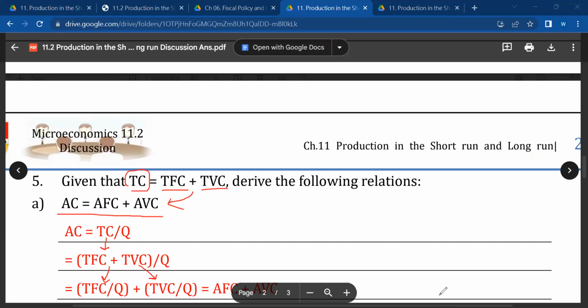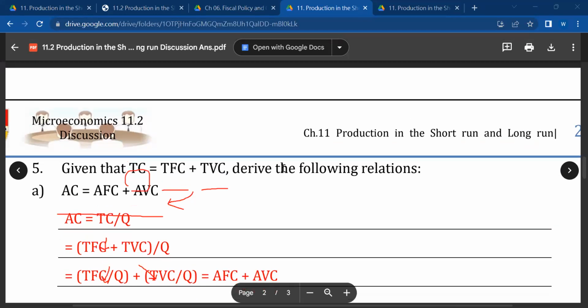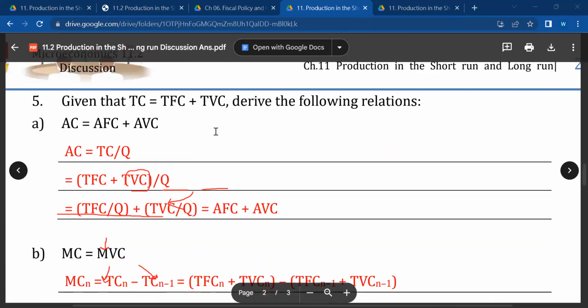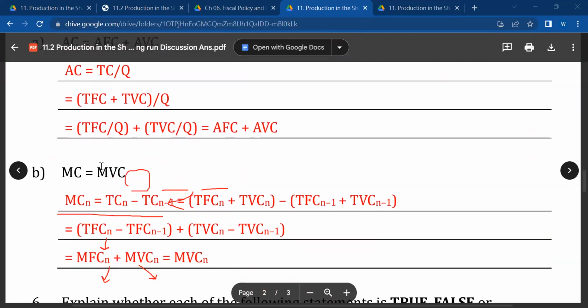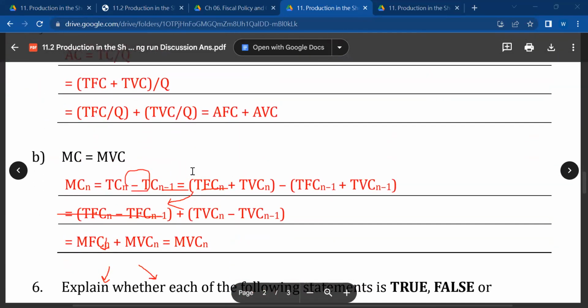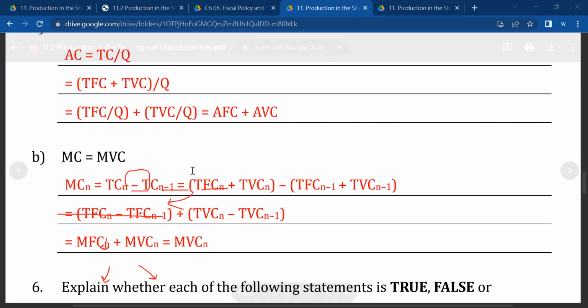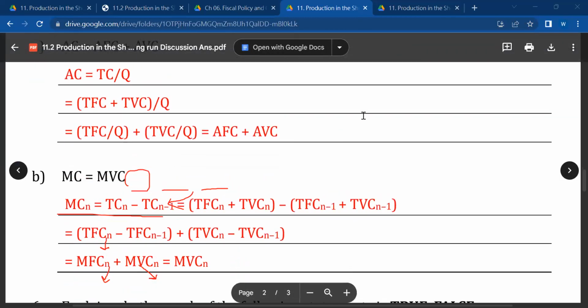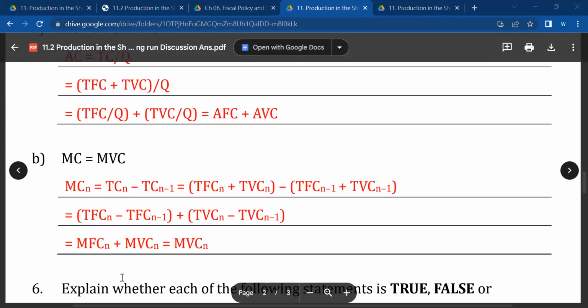Is that okay? Okay, so if you finish question 5, I will not continue with question 6, because 5B, the second question about MC equals MC, is a little bit difficult and needs to be explained. So I will let you copy the answer first.